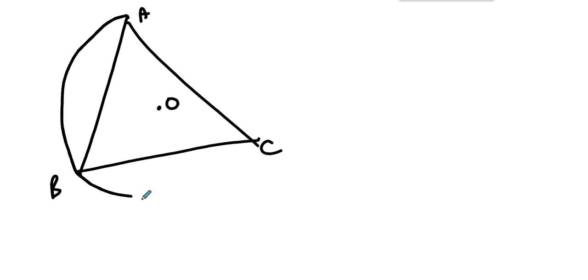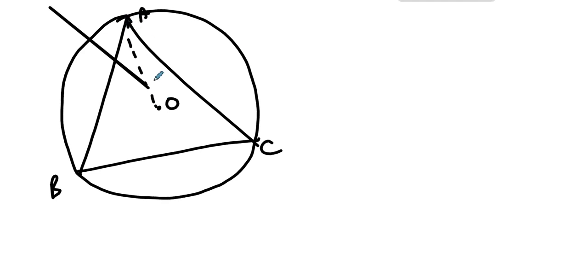You have your triangle ABC, and there's a circumcenter to that triangle. That circumcenter is the center of a circle that passes through all three of the vertices of our triangle.